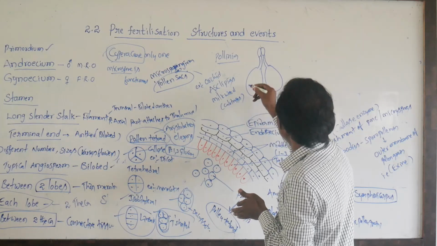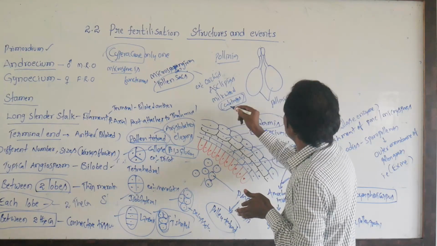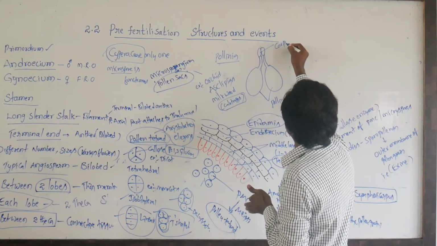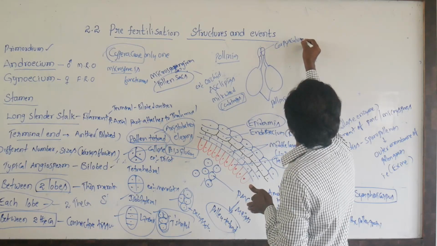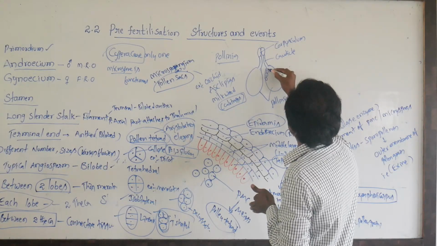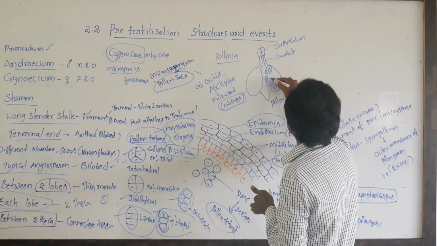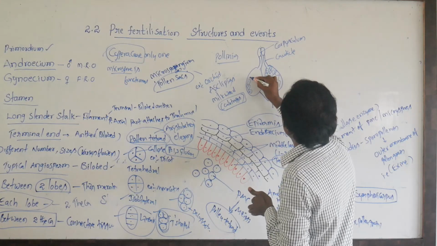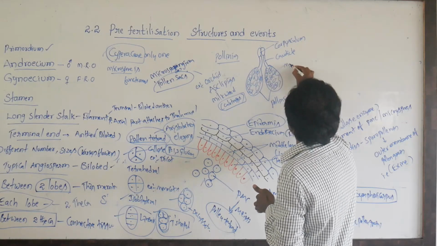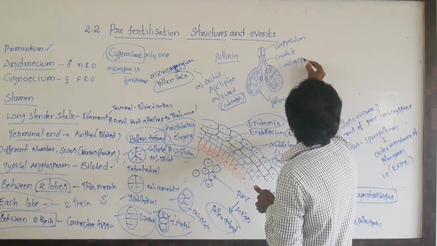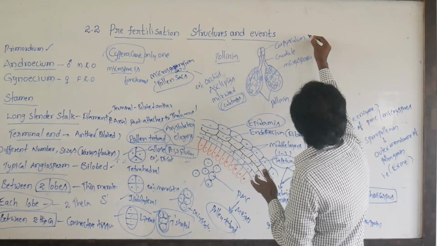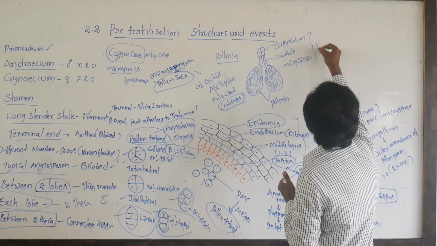In Calotropis, it is attached to the corpusculum as well as the caudicle. These are microspores, and inside this, all the microspores get together.